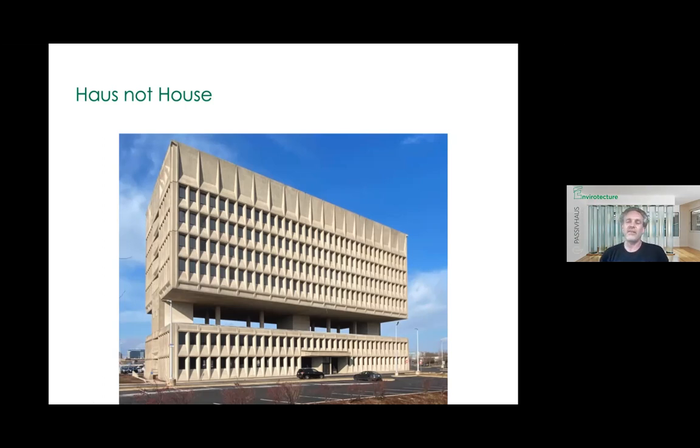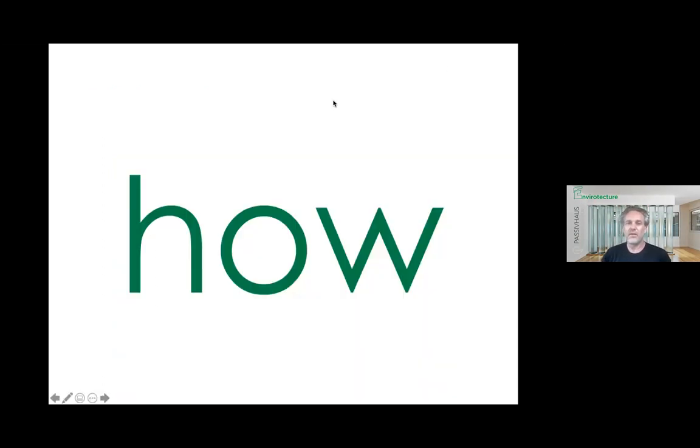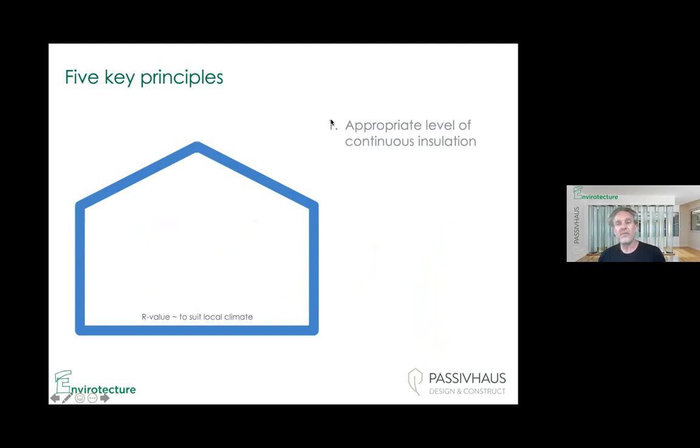How do we make these things happen? There are 5 key principles to all passive house projects. And they're applied differently because it's about meeting a particular benchmark for your building at your place on the planet.